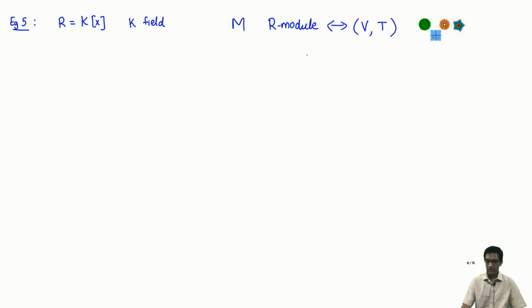Where V is a K-vector space and T from V to V is a linear operator.